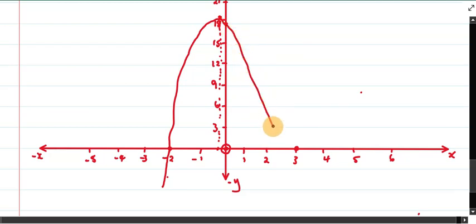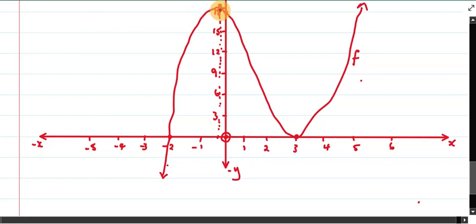And when it reaches here, it stands and goes up. So this is how my graph should look. This is the graph of f.